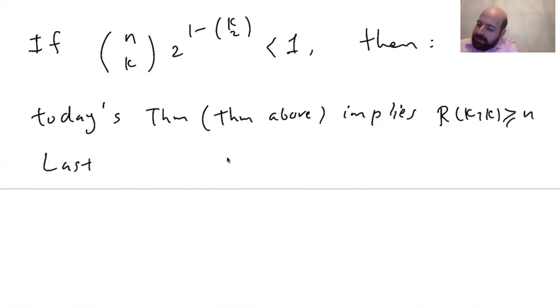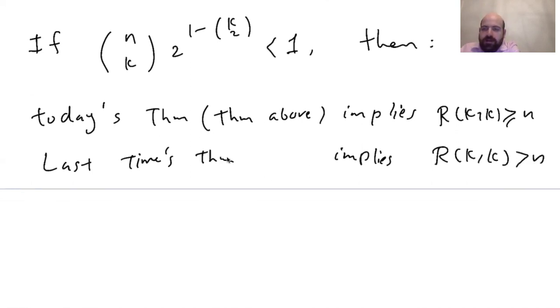Last time's theorem, if you look at it, was implying R of k and k bigger than n. So they're almost the same. So last time's theorem was slightly stronger in this sense.